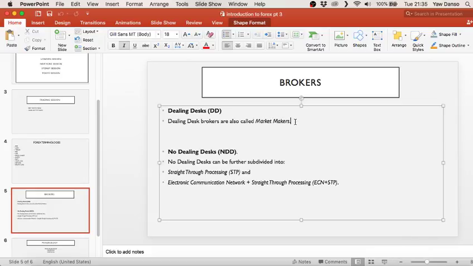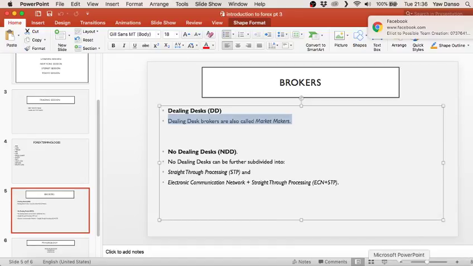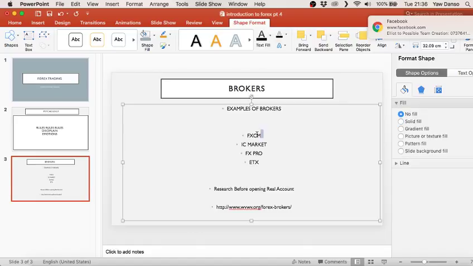So these market makers, they don't do that. When you place the trade, it doesn't go to the banks. It stays within their system. For example, a broker like FXCM: if you place your trade within their system, or within their clients, the people that trade with them, they will find the opposite side.